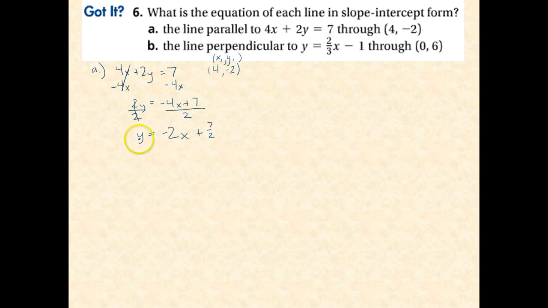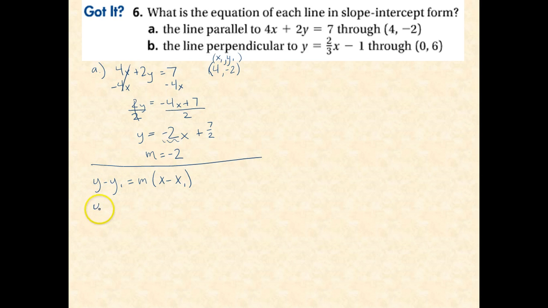So our slope is -2. So now we have our slope and a point. So let's use point-slope form. Y minus y1 equals m times x minus x1.